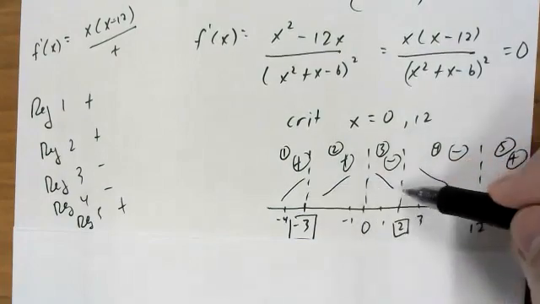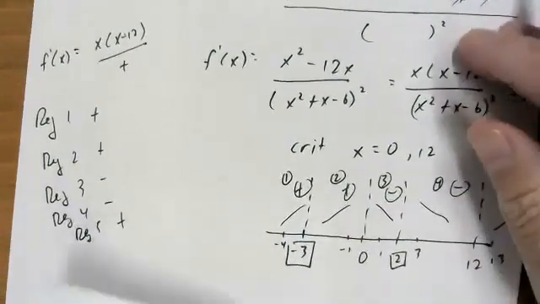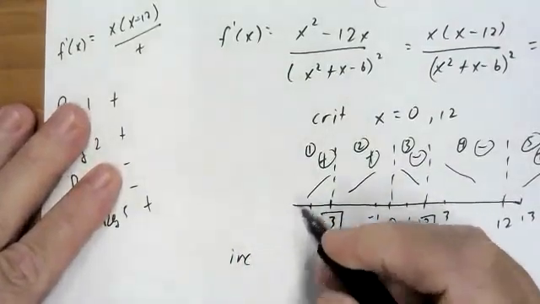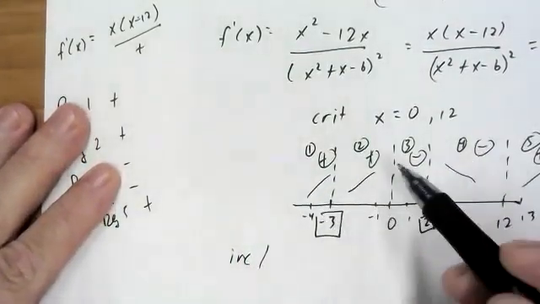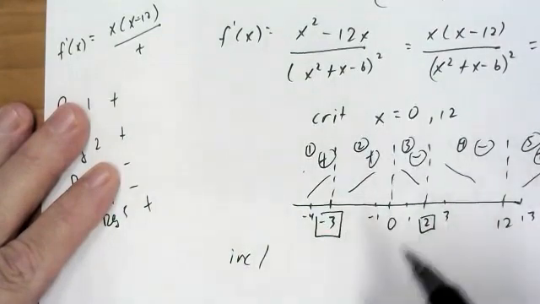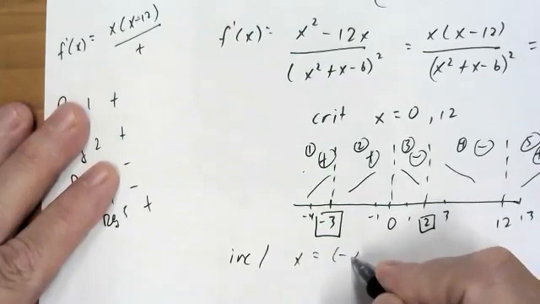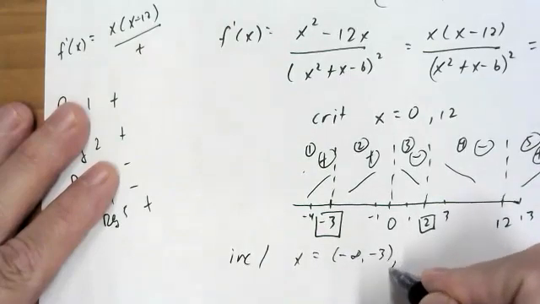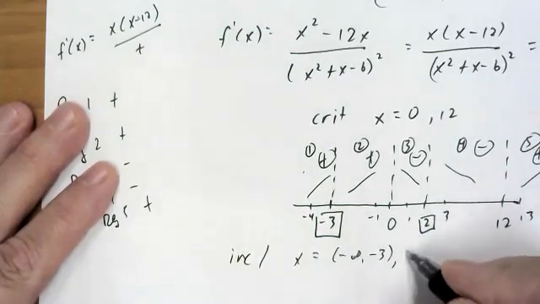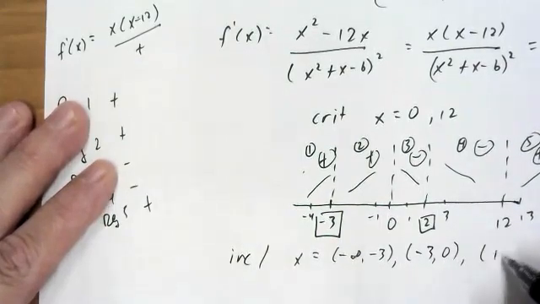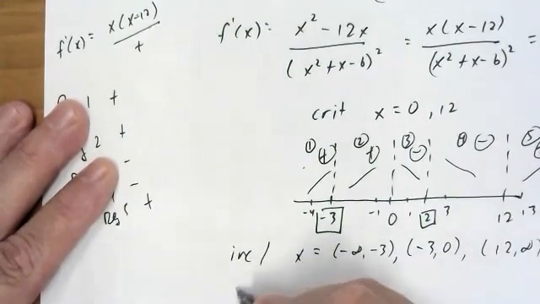And then here are my asymptotes. So to answer the questions about increasing, decreasing, and maxes and mins, increasing is region 1, 2, and 5. So negative infinity to negative 3, negative 3 to 0, and 12 to positive infinity.